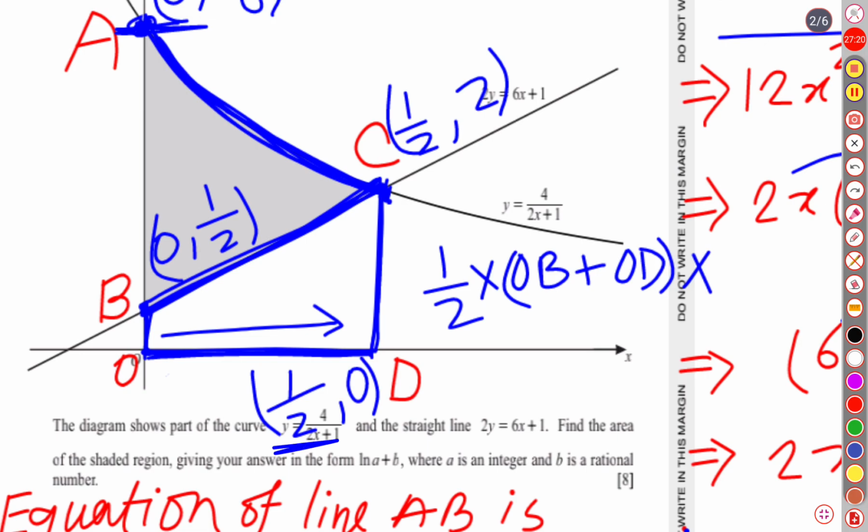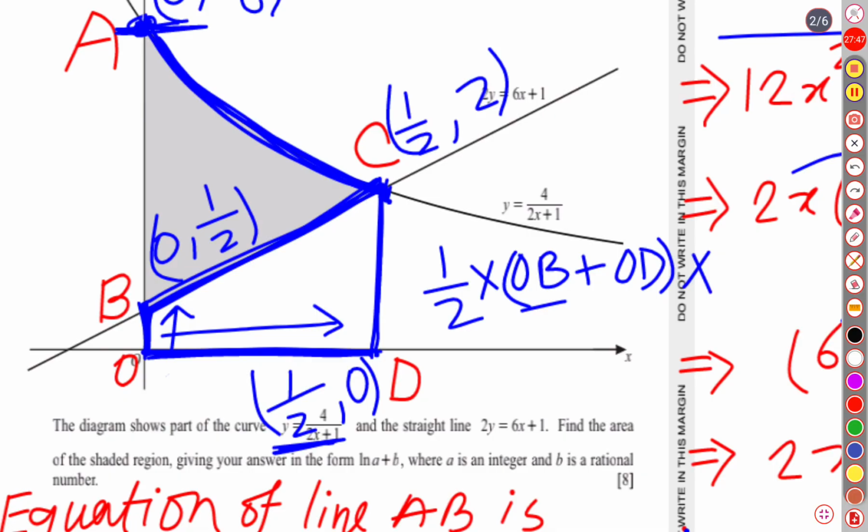It is half, because the x coordinate is half at D as well as at C. That means from O to D the distance is half. OB is also half. From O to B is half, from O to D is also half.